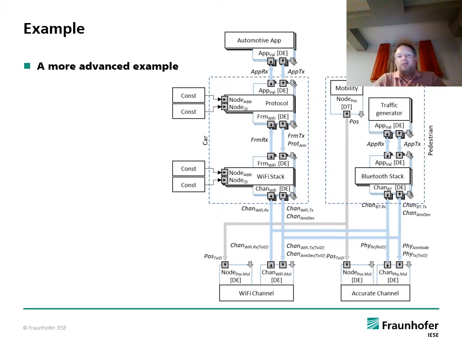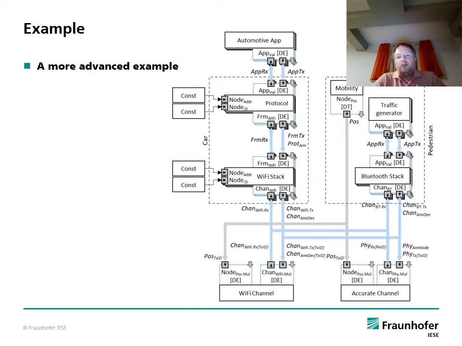This is a more advanced example from our paper. So here we are showing a simulation stack that consists of several integrated simulation components. So we have applications with a defined interface, we have protocols, we have a Wi-Fi stack, and we have the Wi-Fi channel simulation.